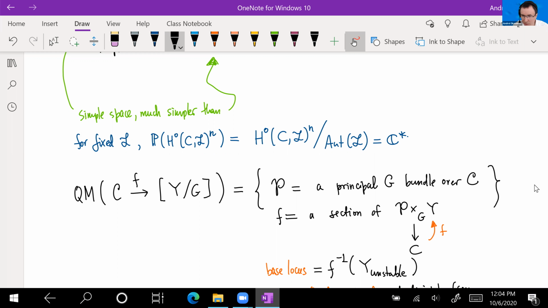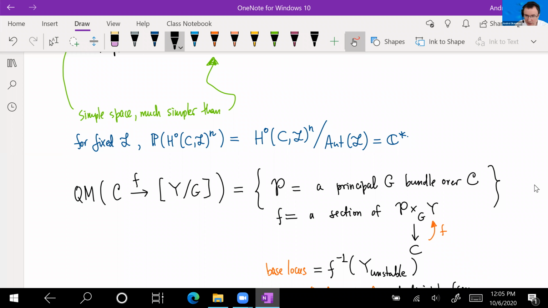And then if you fix the isomorphism class of L, suppose your target is, for example, projective line, which doesn't have any interesting line bundles. You fix a line bundle of some degree D, then for that given degree D, you're going to get a projective space, because that line bundle of degree D is unique up to isomorphism, and that has a C star worth of automorphisms. And then you look at its sections.